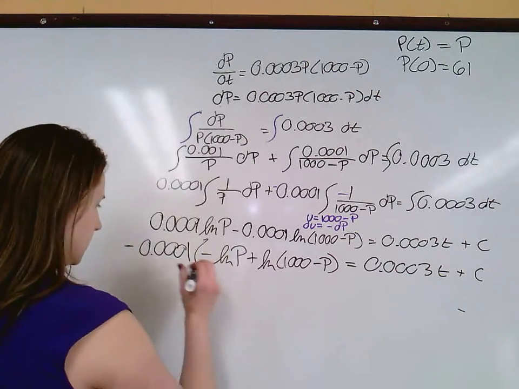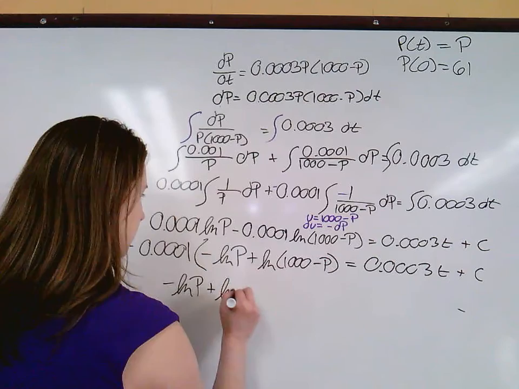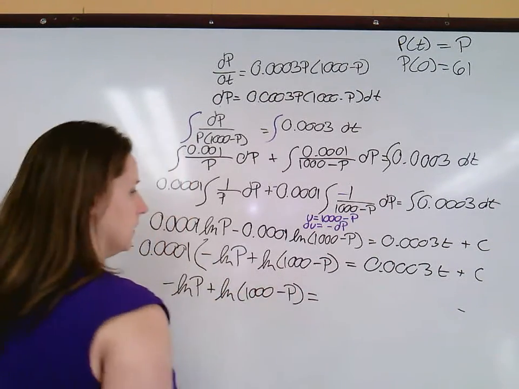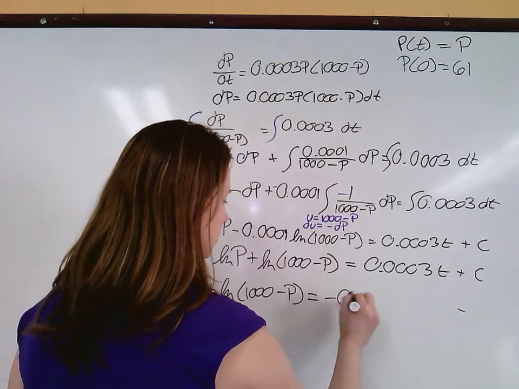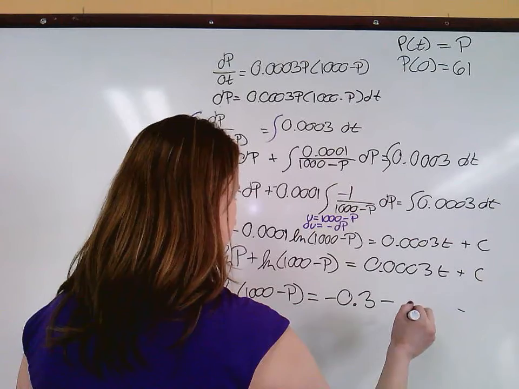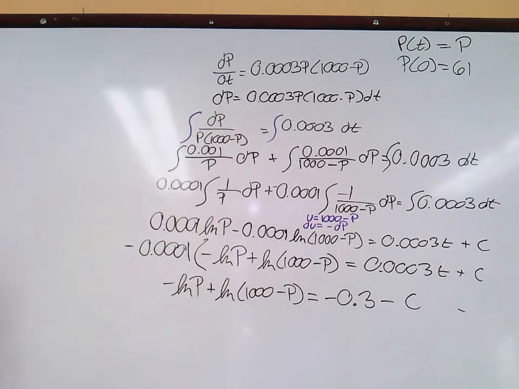So that's going to leave me with negative ln of p plus ln of 1,000 minus p, which is going to give me negative 0.3 minus c. We don't got to divide by 0.001 there. Combine these two together.